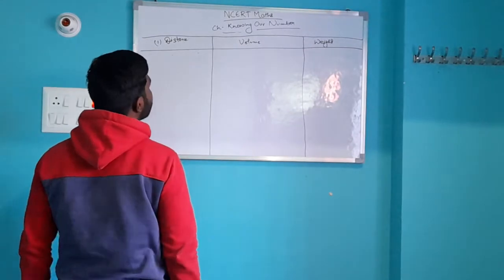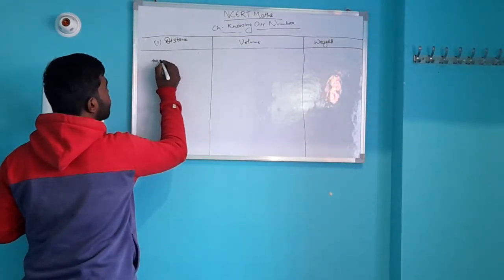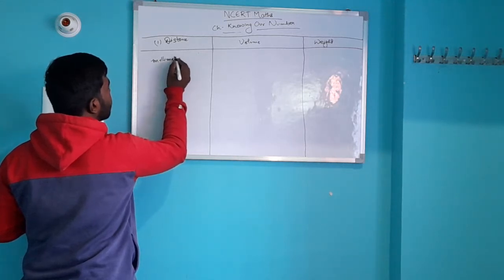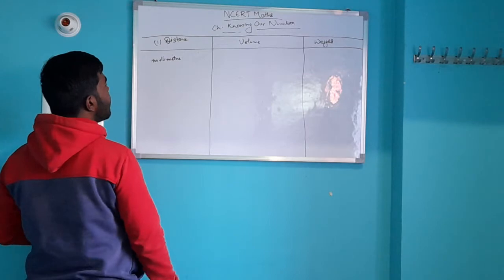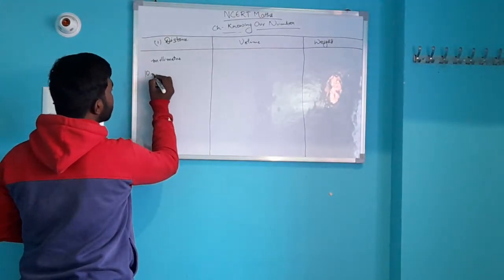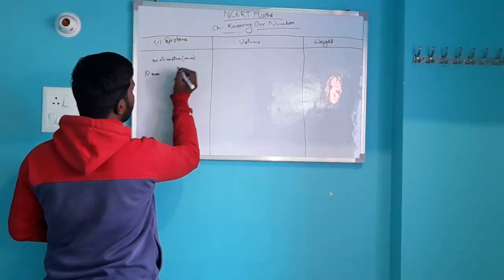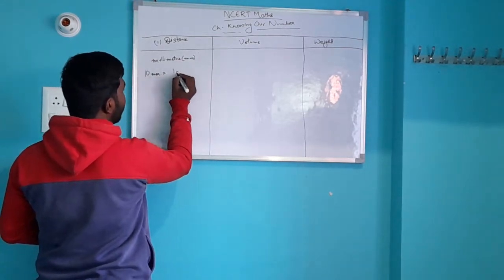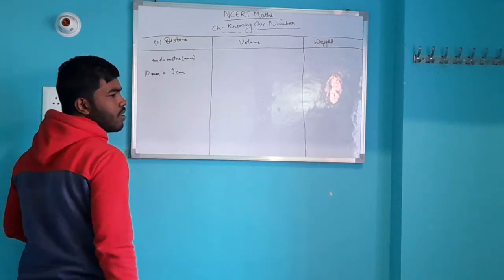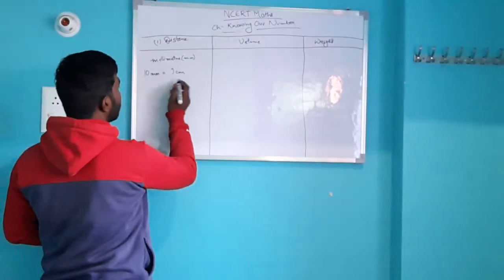Here in distance, the smallest unit is millimeter. The relation between millimeter and centimeter is that 10 millimeters equals 1 centimeter. The symbol of centimeter is cm.